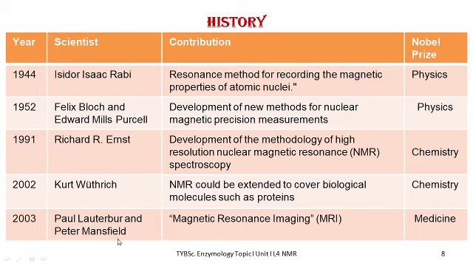Lauterberg and Mansfield used this particular technique in medicine, and they have created a great history and have been a boon to all the doctors for diagnosing some very complicated diseases, which can be diagnosed by studying the intramolecular structure of the various organs. They also were awarded a Nobel Prize in Medicine in 2003.